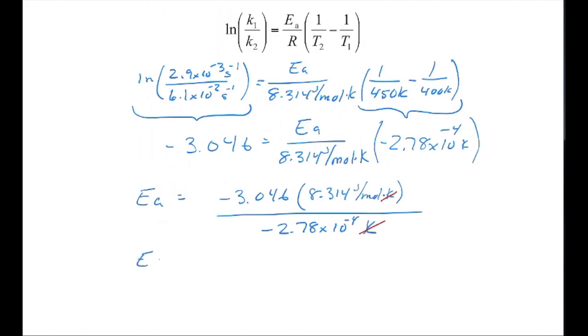So EA, activation energy, is going to equal 91,095 joules per mole. Now we only have 2 significant figures, as we can see up here for our rate constants. So we can just turn this into kilojoules per mole, and that would be 91 kilojoules per mole.